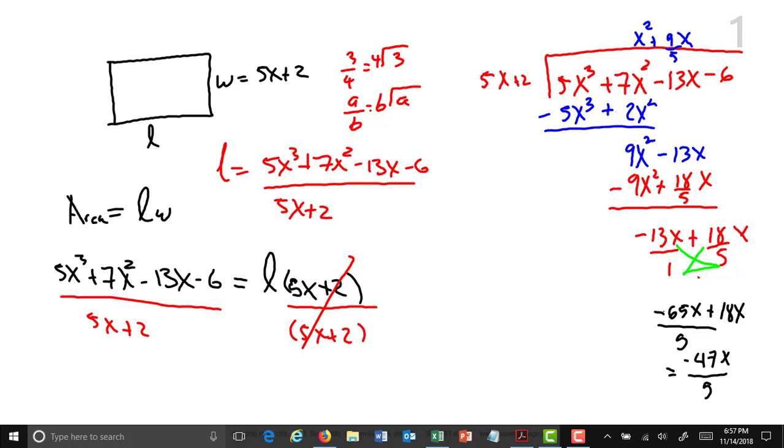So what's my length equal to? It's going to be x squared plus 9x. That looks kind of weird because you have a remainder. You can write it as a remainder if you want. It wasn't as pretty as I like.